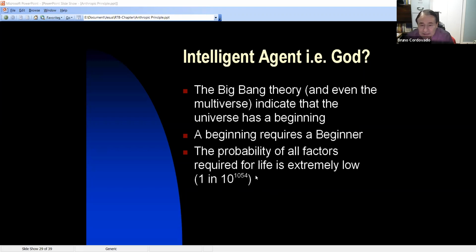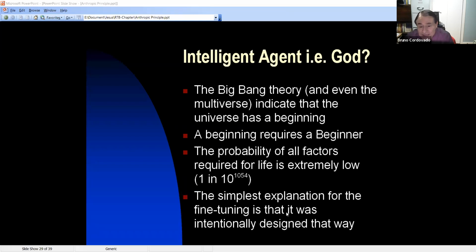What's more reasonable? It's more reasonable that they planned not to kill you. You couldn't have everybody missing by accident, because the probability is so low. So the simplest explanation is that the whole universe was fine-tuned, because it was designed that way.